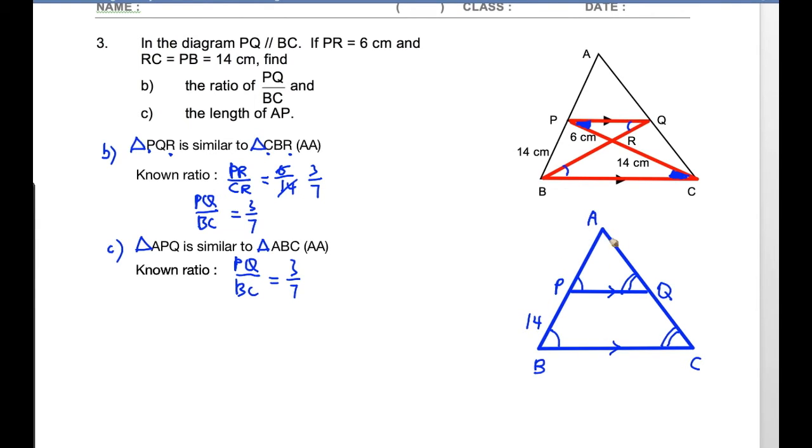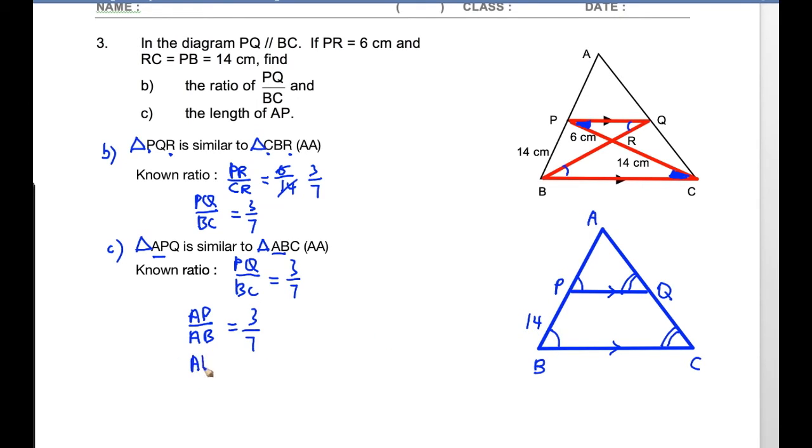Now we find the length of AP by forming the ratio with the corresponding length, which is AB. And this will equal the known ratio, 3 over 7. AB is just AP plus 14.